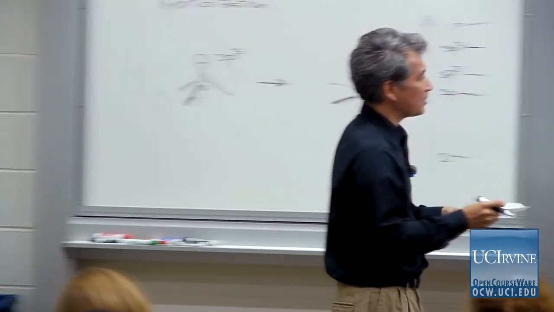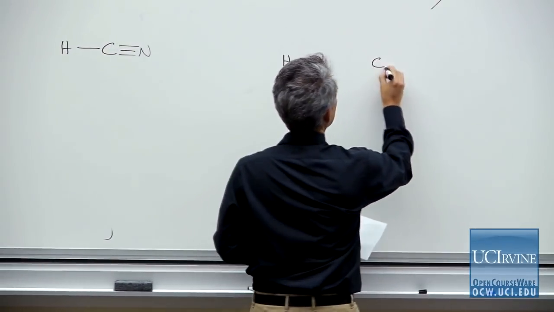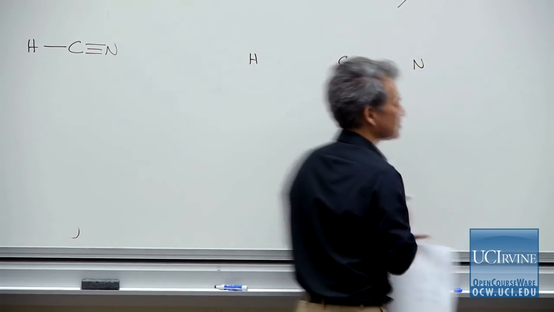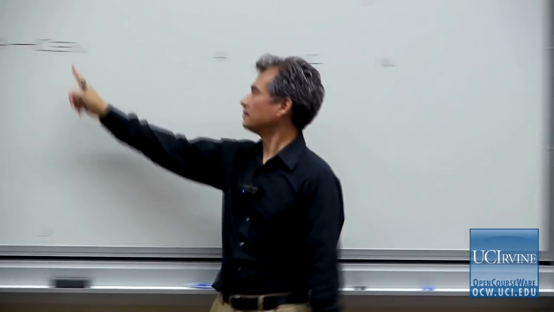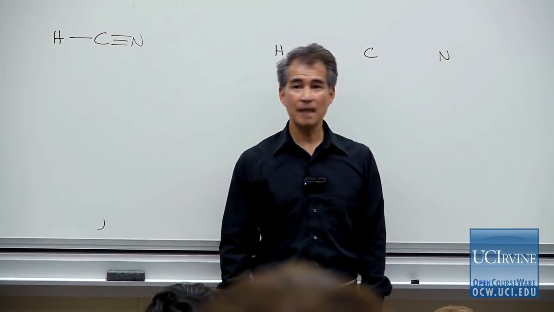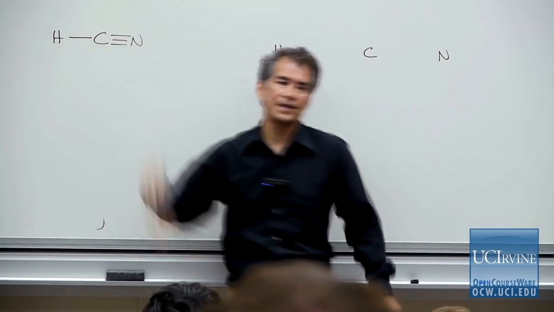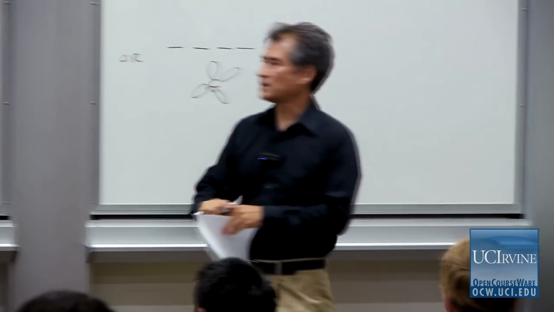So the way I think about that is, let me just draw the three atoms here without the bonds, and let's try to draw some hybrid atomic orbitals associated with that. Okay, what's the hybridization of the carbon atom here? It's sp hybridized. And you know that because this is a linear molecule. I told you that geometry correlates with hybridization.